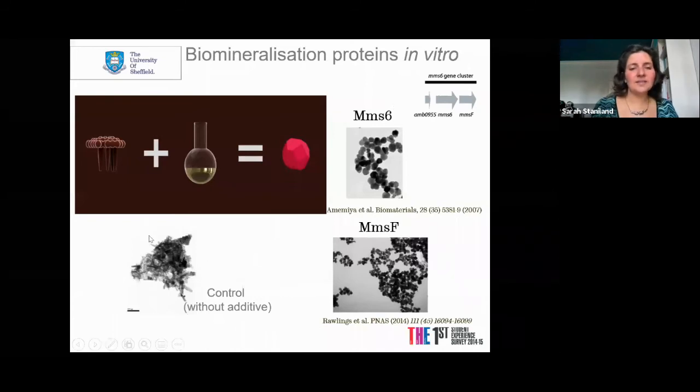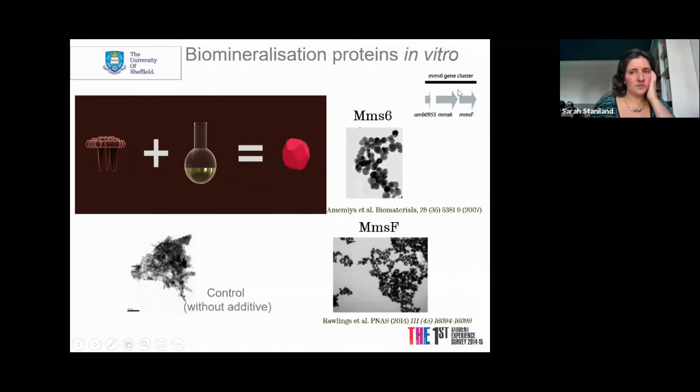But what we saw with that is that, as I said previously, if you just do a room temperature co-precipitation of magnetite, you get this mess. If you add the MS6 protein, which is the biomineralization protein from the magnetic bacteria, then you get a nicely shaped particle, as you can see here.